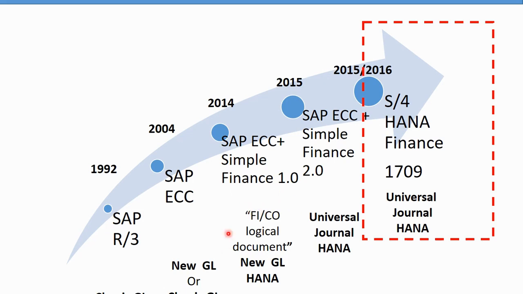Simple Finance got introduced, FI and CO logical document, and this was on HANA, and you had to use new GL. But then rapidly in 2015, Simple Finance 2.0 came out, the Universal Journal, that one new table, ACDOCA, and that was the base for S/4HANA, which we're at now, called S/4HANA Finance, no longer Simple Finance. Version 1709 is the current one, 2017, Universal Journal.